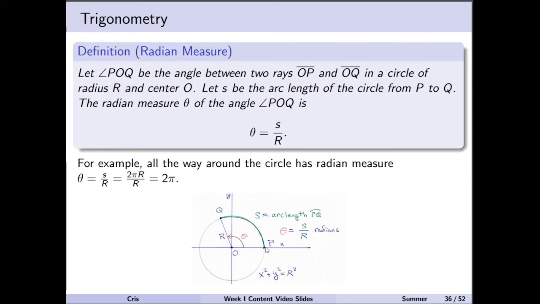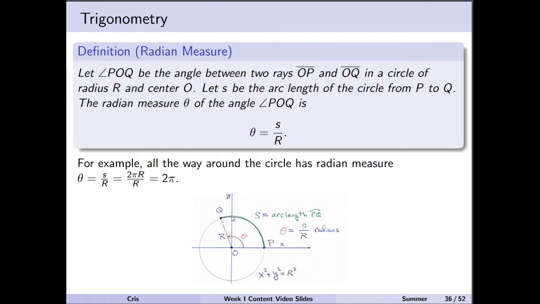Consider an angle POQ, where O is the center of a circle of radius r, and P and Q are on the circumference. Look at the arc length along the circumference from P to Q. And suppose you're walking along this arc, this green arc right here. Count how many radiuses you travel. Maybe if you walk the length of one radius, you get to about here, maybe a little less.